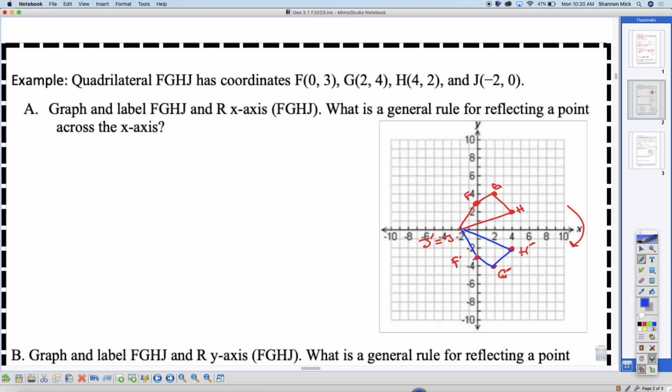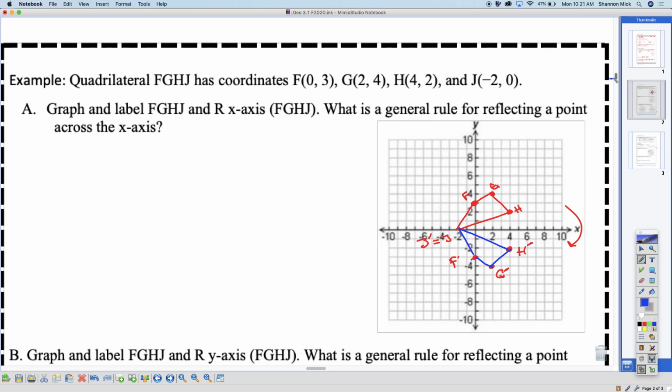What is the general rule here? Well, if it's on the x-axis, it stays the same. Yep, because that was the line, right? You just flip the one. Okay. So we just made the y's what? Negative. If they were negative, we would have made them what? Positive. So I think it's on your next page, actually. That's okay. We'll just do the next example.